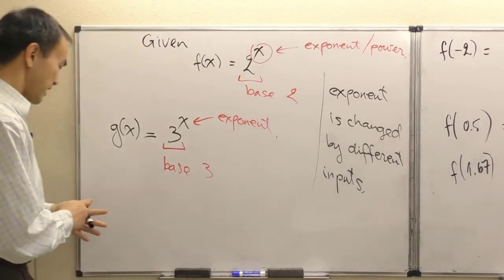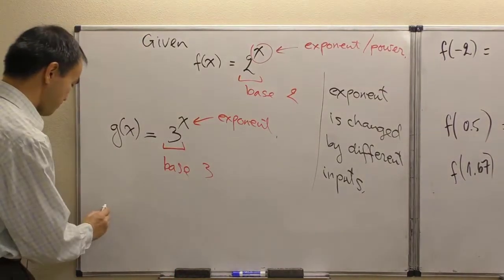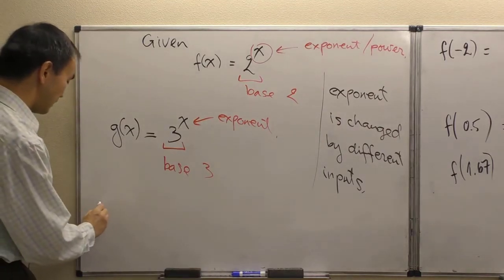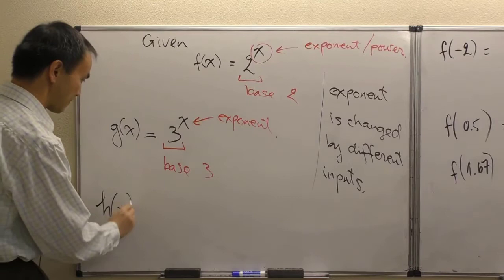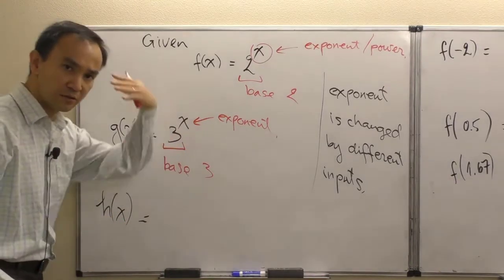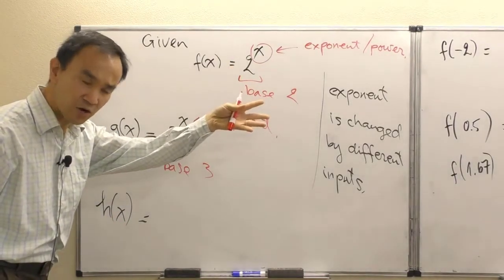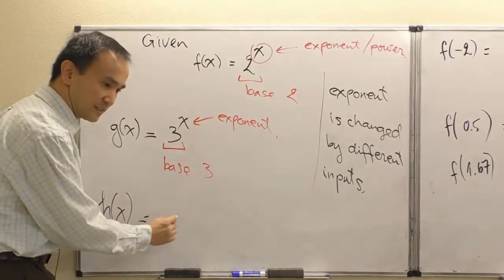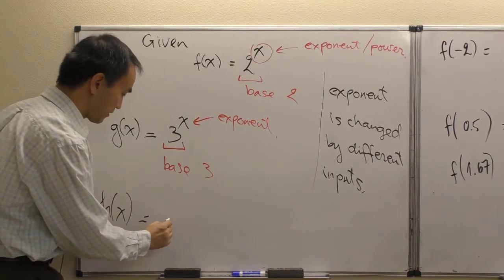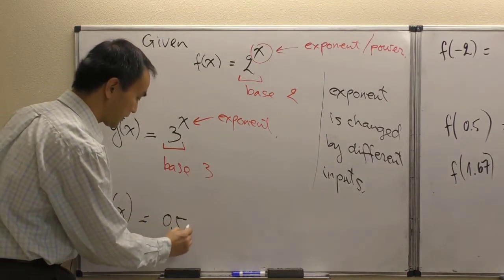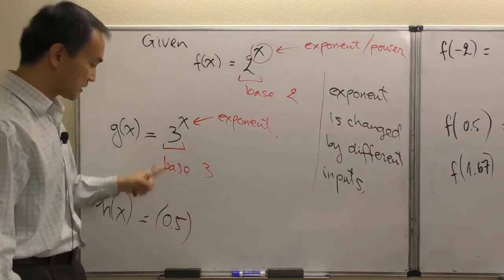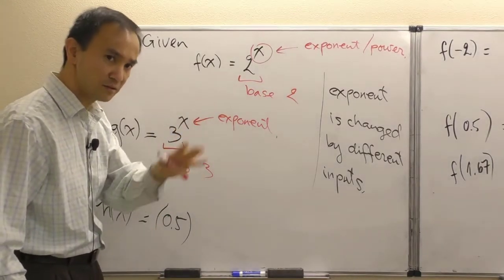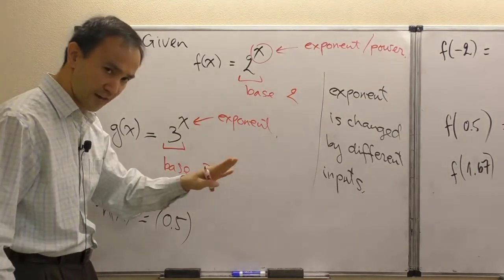Okay, and then we can have another one. Think about it. We can also define a function as follows. How about h of x? It looks like all we do is creatively come up with a fixed value: 3, 2, or 0.5. And a further common thing between these bases is that they are positive numbers.